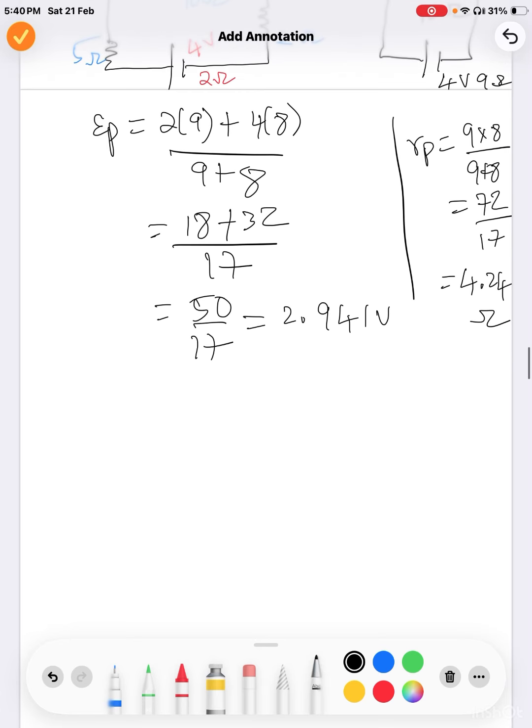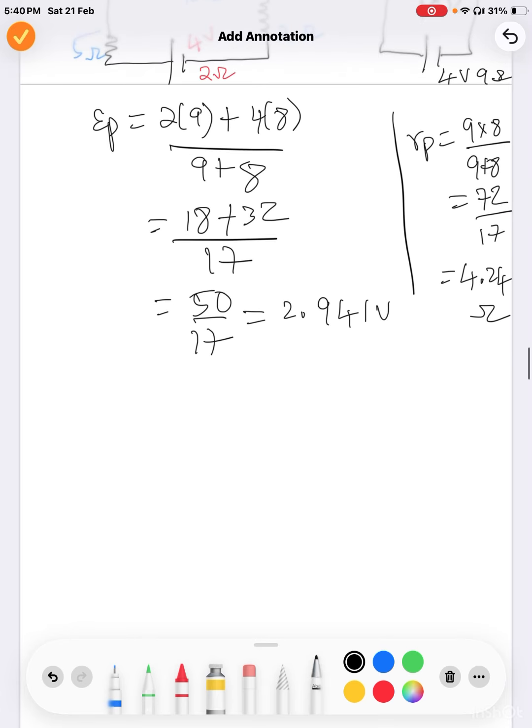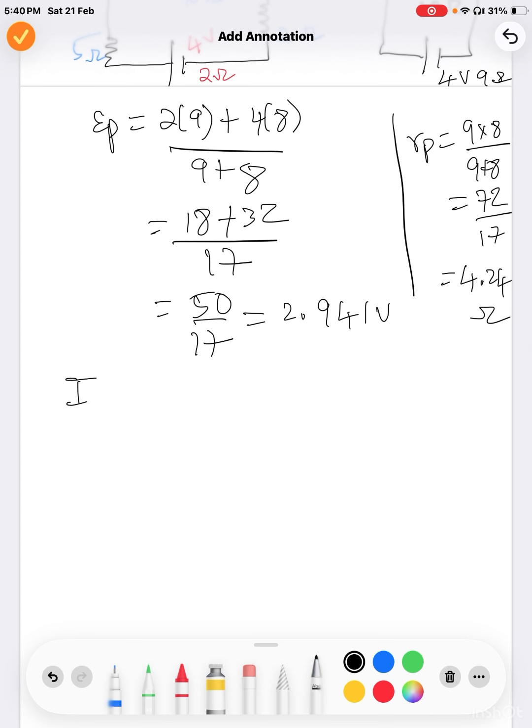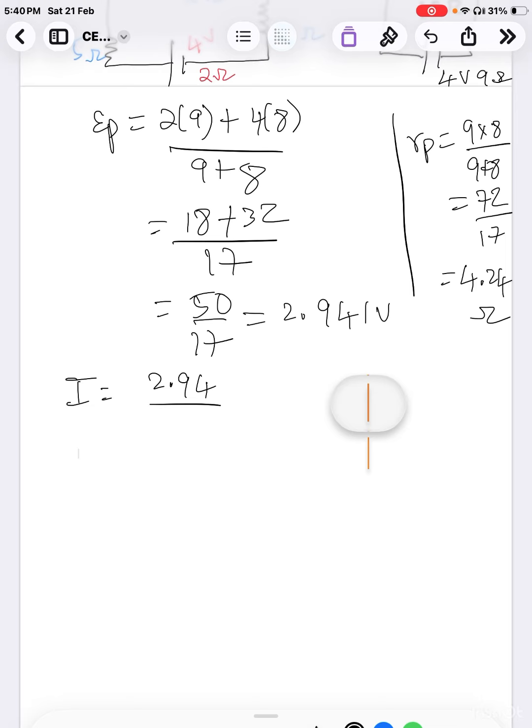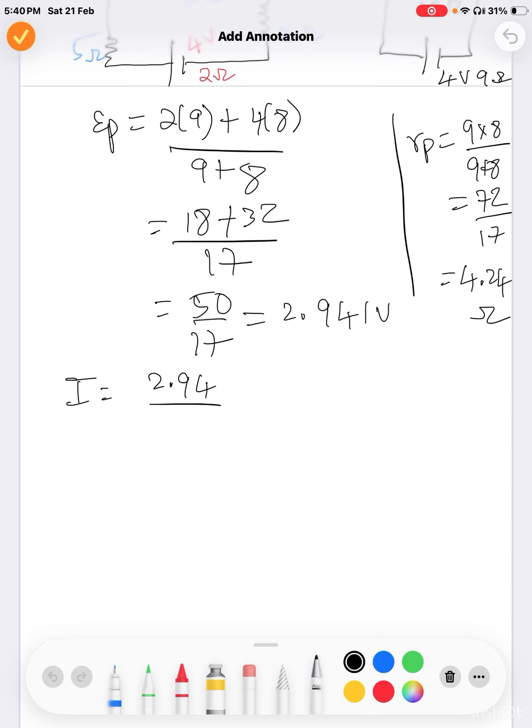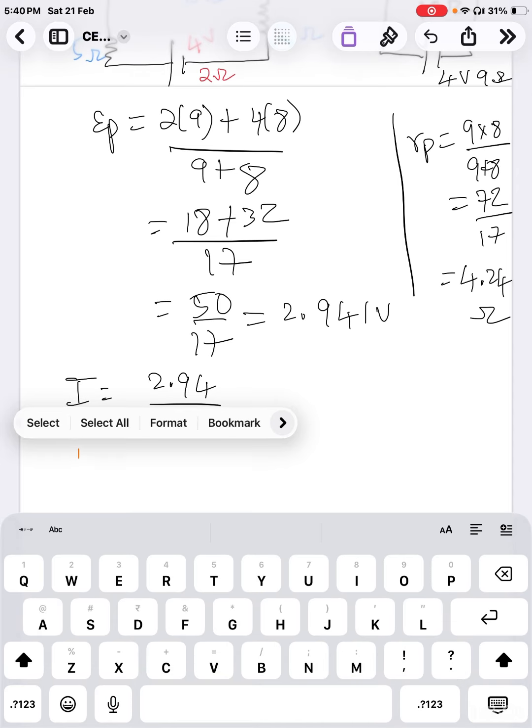So what is the next thing we have to do? We have to find the current, obviously. What is the current value? EP by R plus RP. The EP value is 2.941, the R value is 10, plus 4.24.